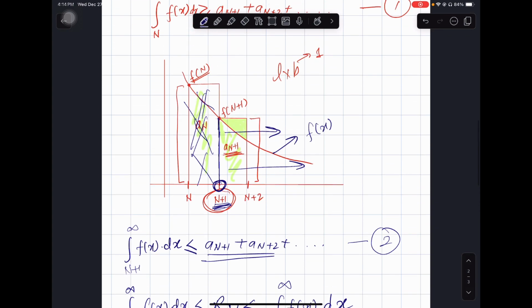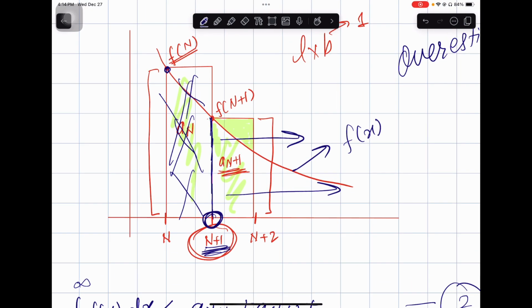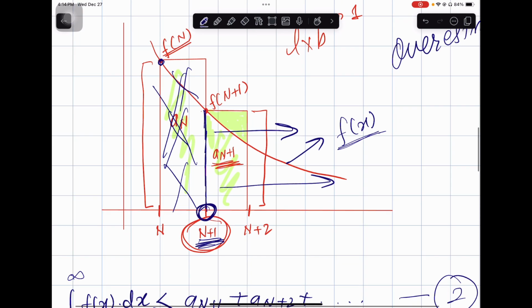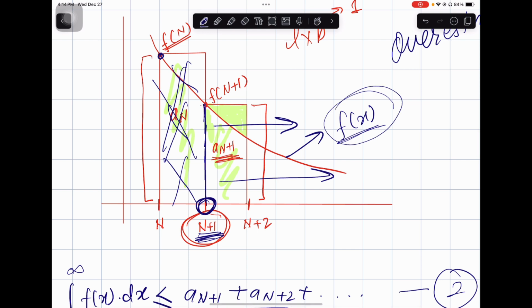And the left-hand estimate, this one, is often called the overestimate. Why? Because the area of the rectangles is greater than the area enclosed by the corresponding curve. And you must know that f of x is not just a random curve or graph that we have plotted. f of x is the curve that is concerned with the given series.